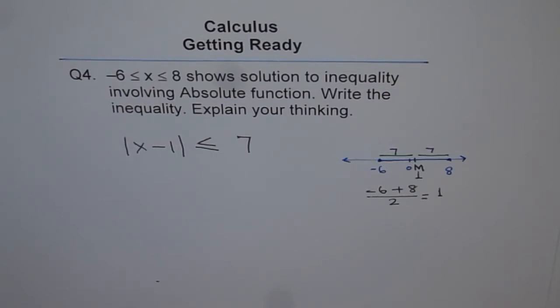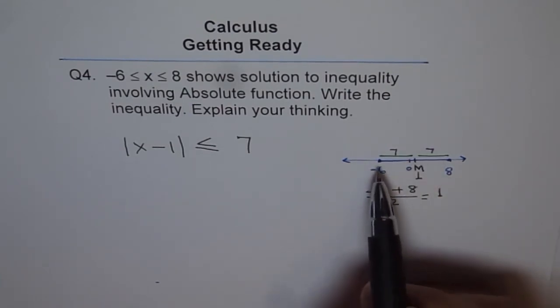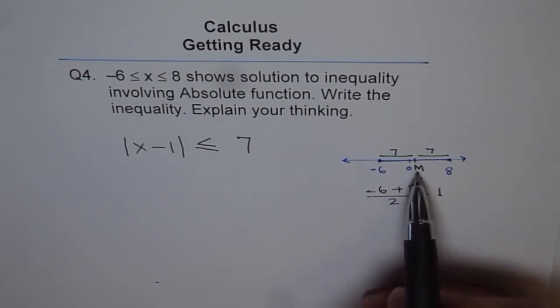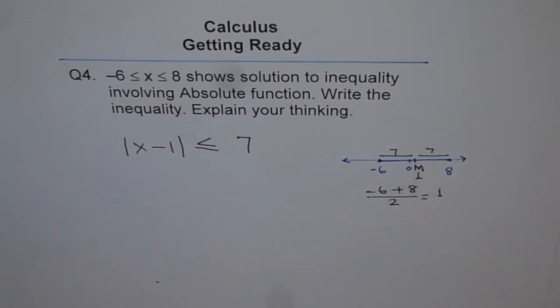So with this, I think you understand my thinking and the process by which I got the solution, right? So think like this, then absolute functions will be absolutely simple for you, correct? So the approach was: find the midpoint. Once you know the midpoint, you know how many units the absolute function has been translated left or right, correct?